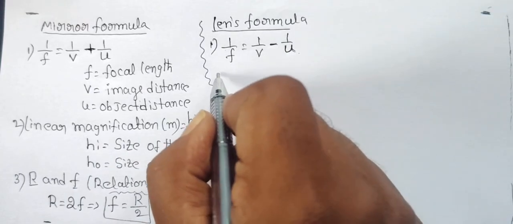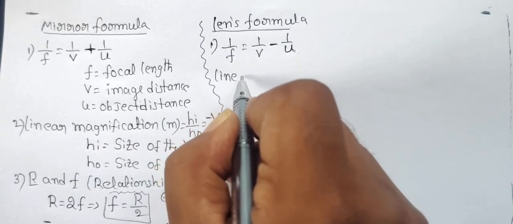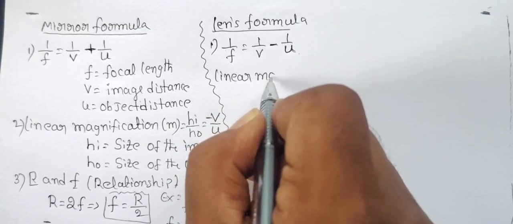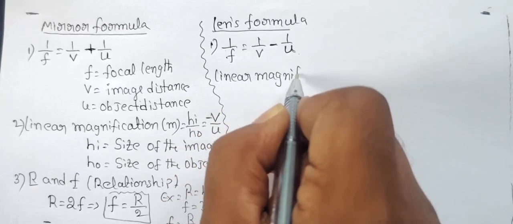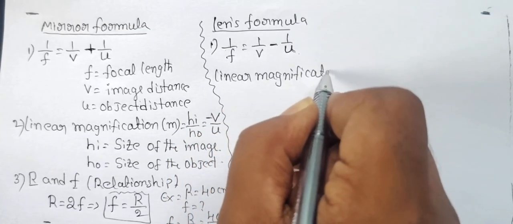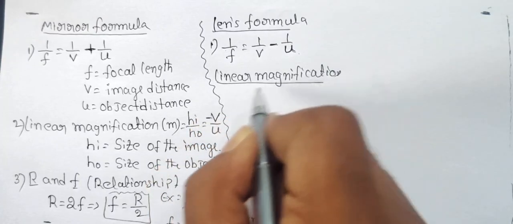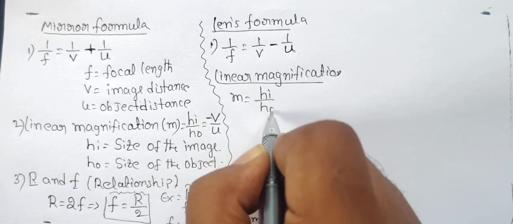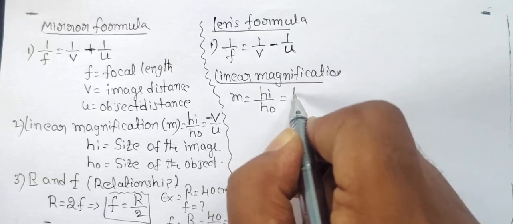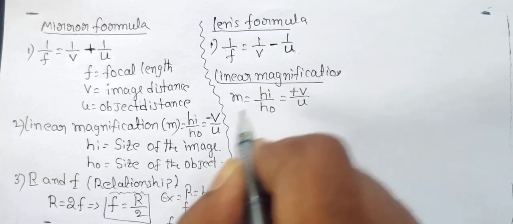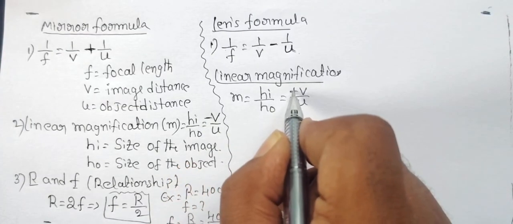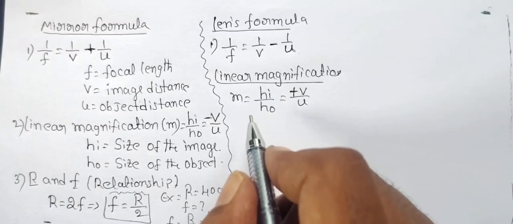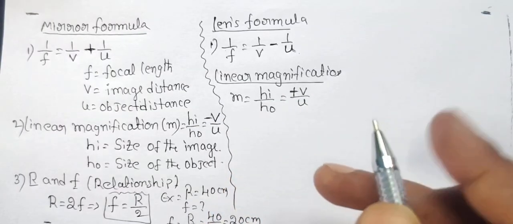This is the only difference. Here also linear magnification M is equal to Hi by Ho is equal to plus V by U. Here it is minus V by U, here plus V by U. That is the only difference.